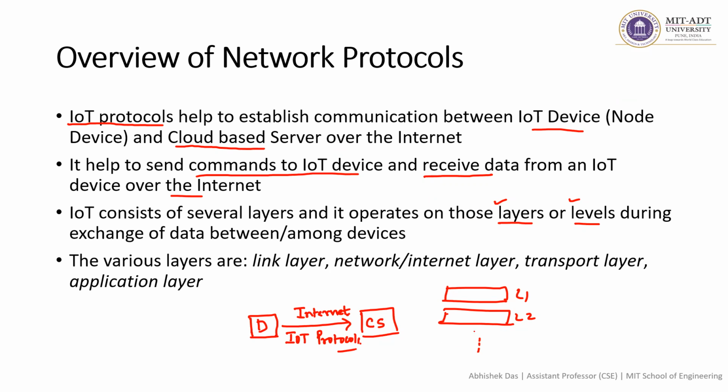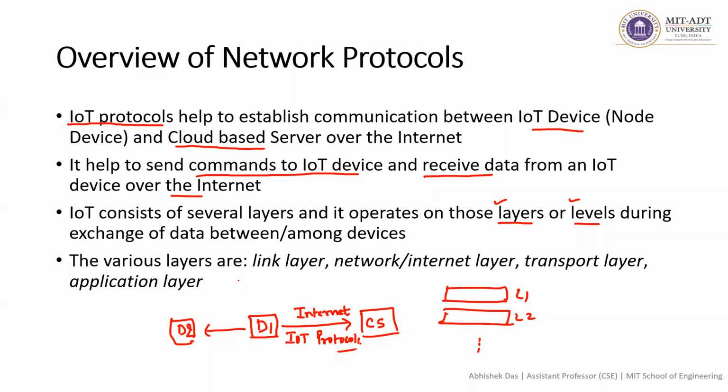Based on the different layers or levels, different IoT protocols are there, and those IoT protocols help in communication from one device to the cloud-based server, as well as from one device to another device. So if it is device 1 and device 2, D1 and D2 communicate with each other with the help of the different IoT protocols present in the different layers of IoT.